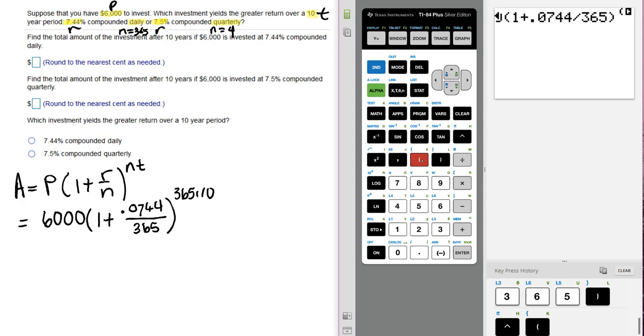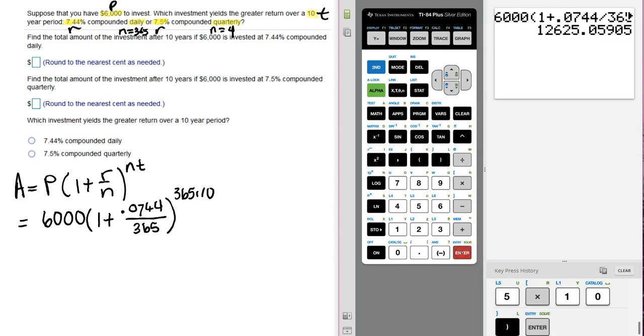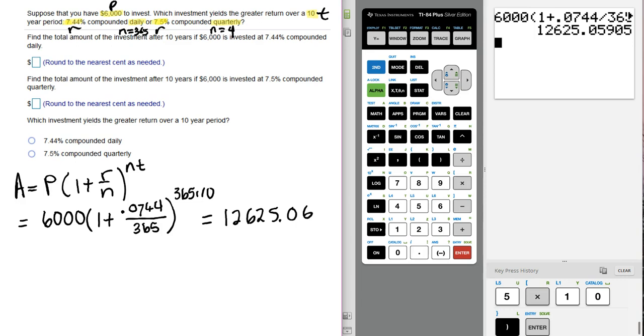I actually don't need parentheses for this calculator, but we're going to do 365, parentheses 365 times 10, and then close parentheses for that exponent. So that's going to give us, after 10 years, our $6,000 grew to $12,625.06. I rounded to the nearest cent.